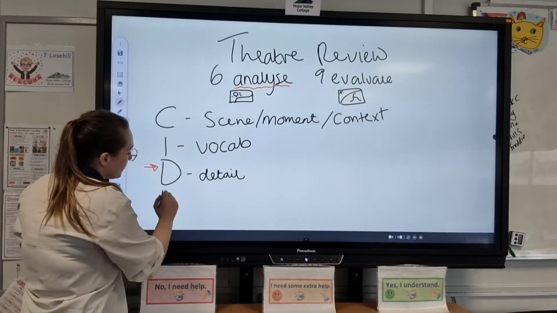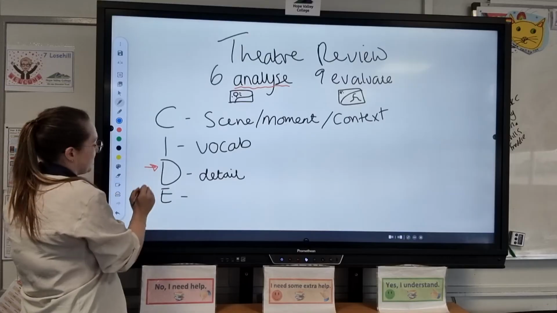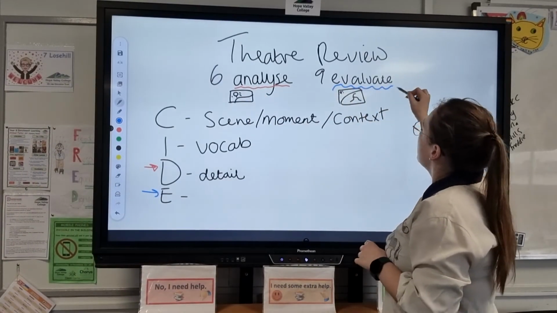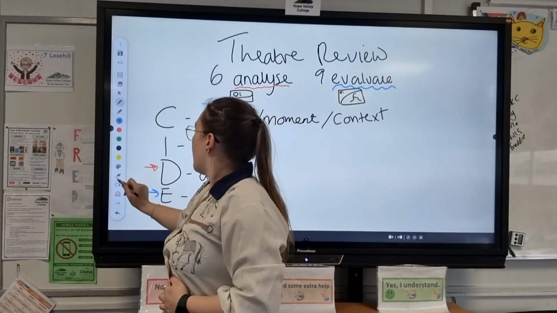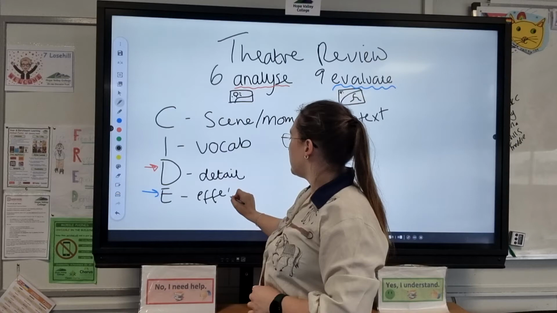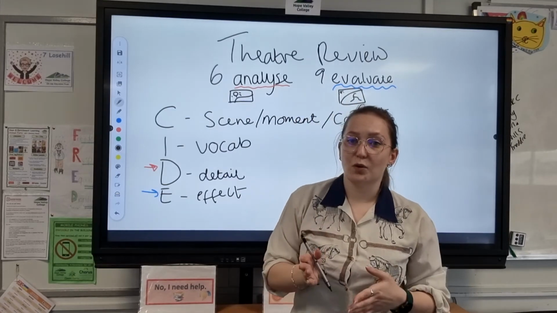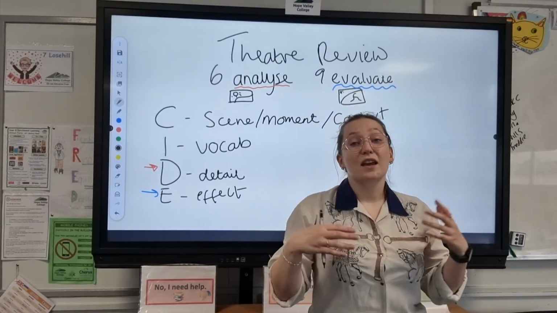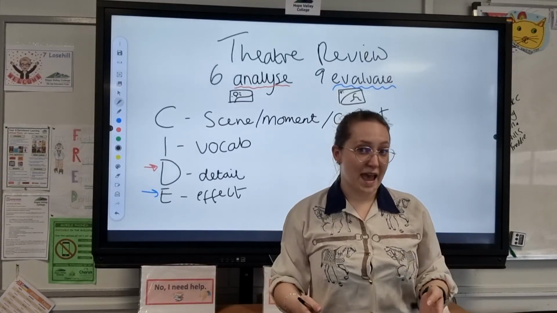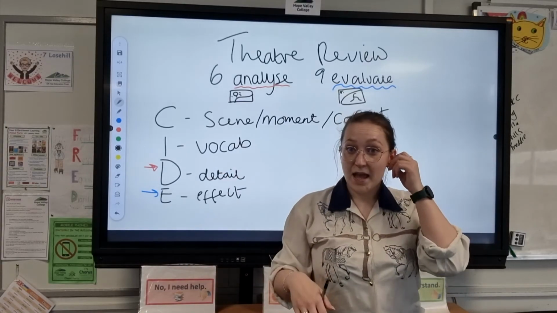After that, you evaluate. Now obviously for the evaluate question, this is where you get most of your marks, but you're talking about the effect. Depending on what genre you saw, the effect will be really clear. If you saw a comedy, if the audience laughed, then it is effective because it's done its aim.